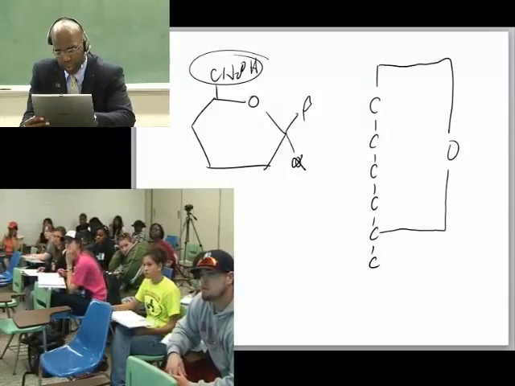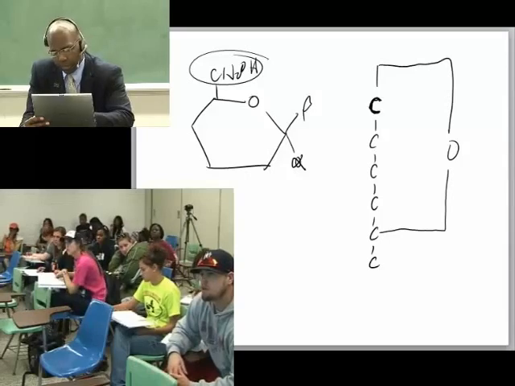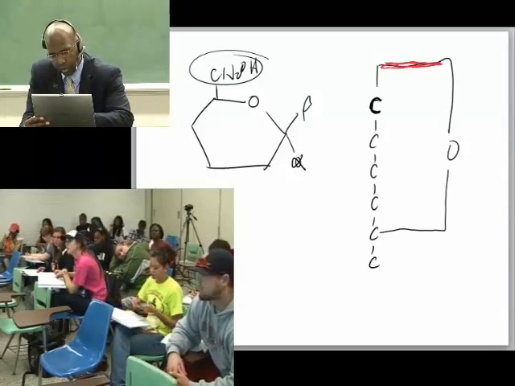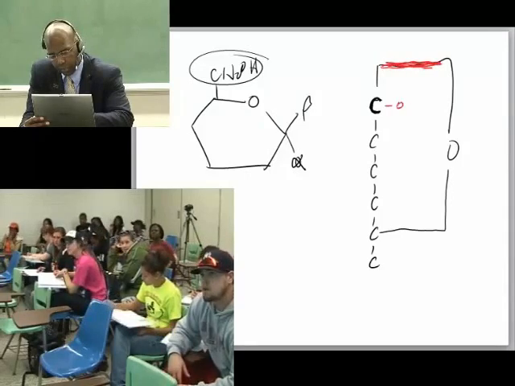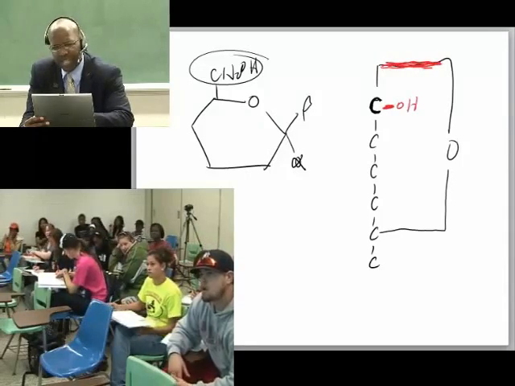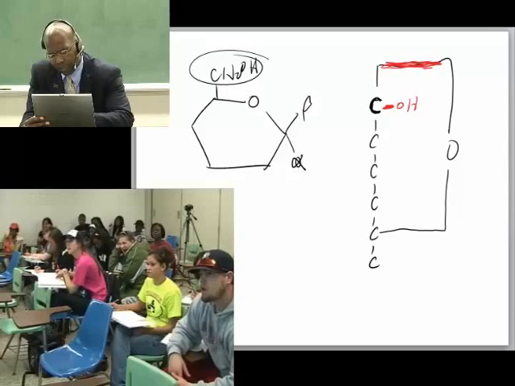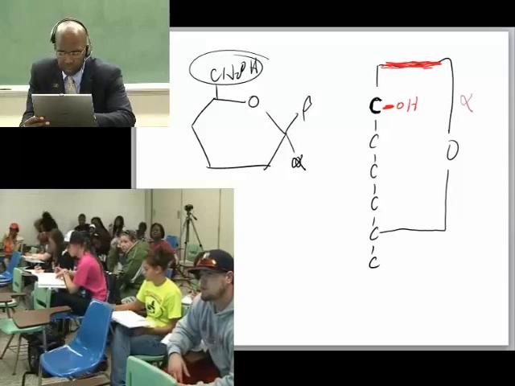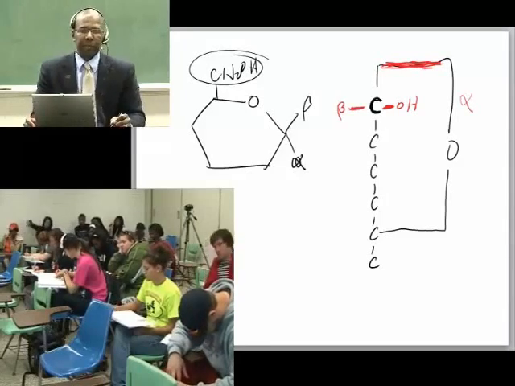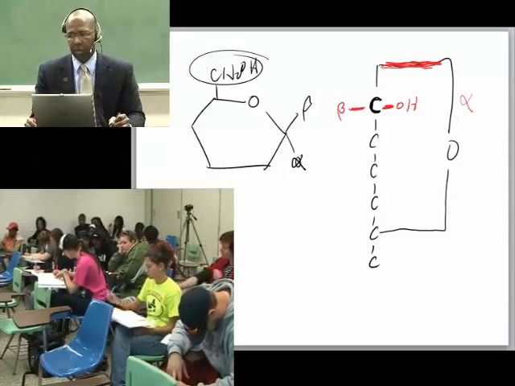It's carbon 1. If these two are in the same direction, what did I say in the notes? I think that's alpha. And if it goes the other way, that's beta. That's Fischer projection.